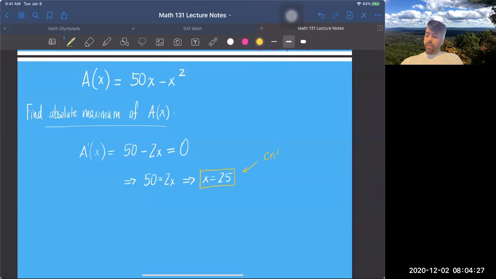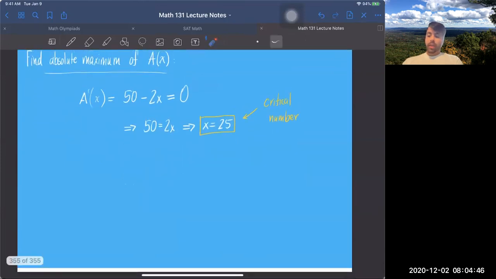This is my critical number, right? This is my critical number, and this is a parabola. So either my critical number will be a maximum or a minimum. But we should already know that this will be a maximum. And just to make sure, we can apply the second derivative test.